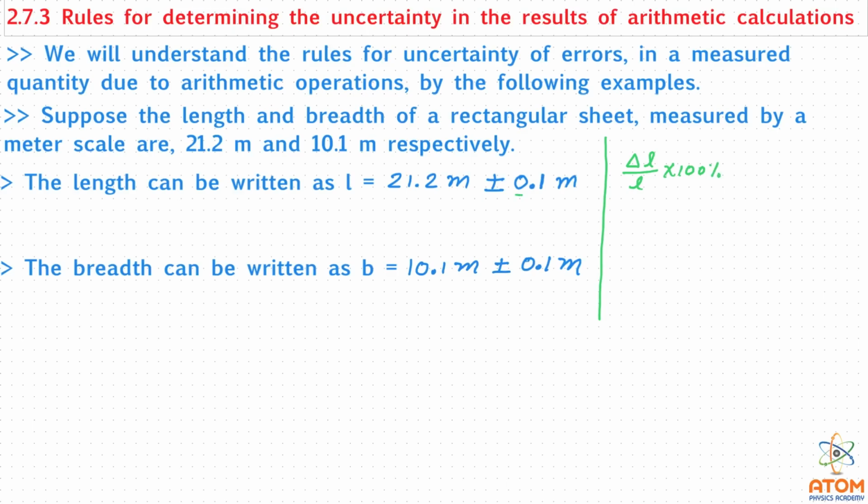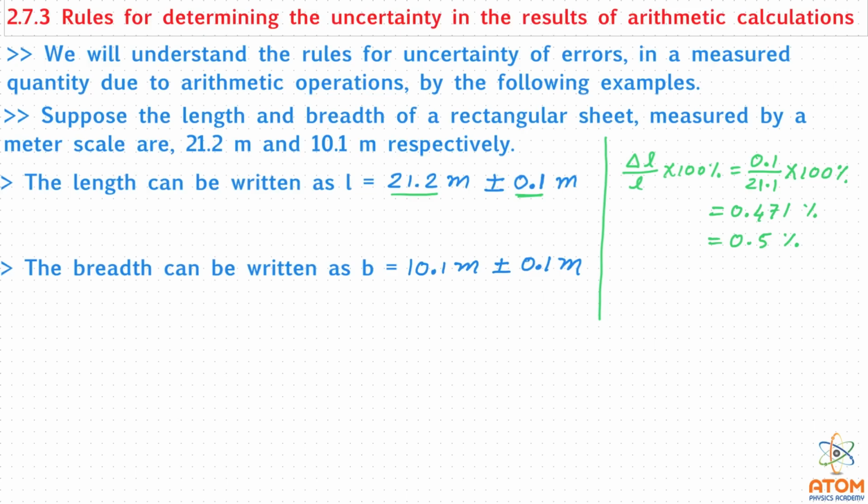Now this 0.1 is delta L and this 21.2 is L. So putting that in, this is 0.1 divided by 21.2 multiplied by 100%. So this will give us 0.471 percent or something like that, and that I can place as nearly equal to 0.5%.